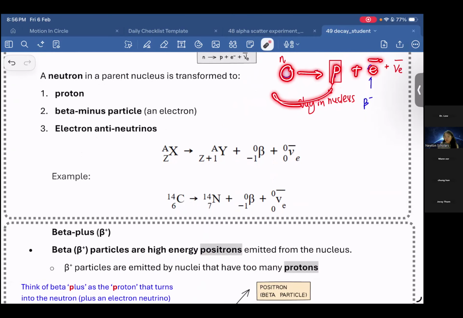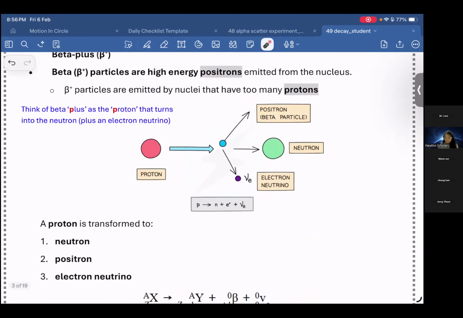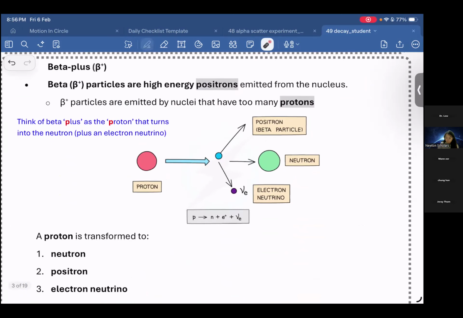Now it's the opposite, reversed. Too many protons, so the proton will decay and give a neutron plus a positron. So this one is positive. Then with the positron, same, we will have a third particle called a neutrino.